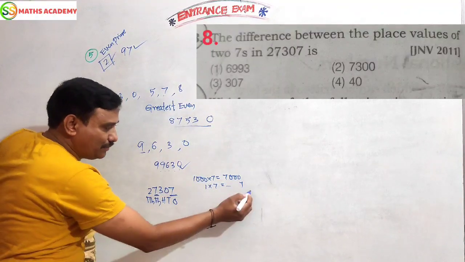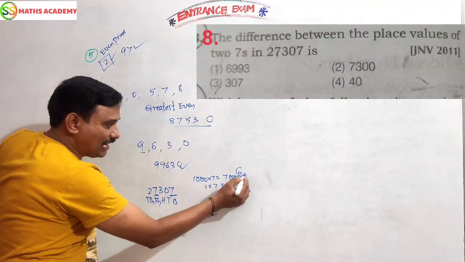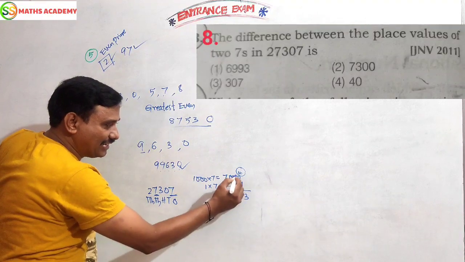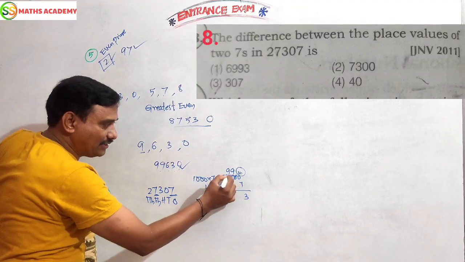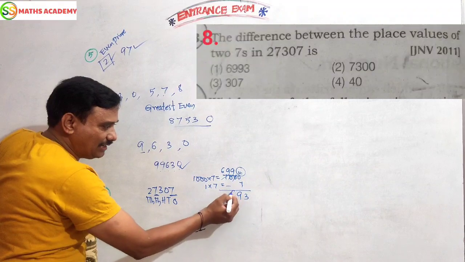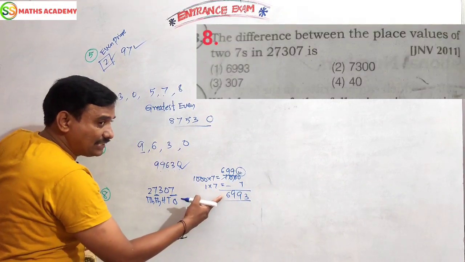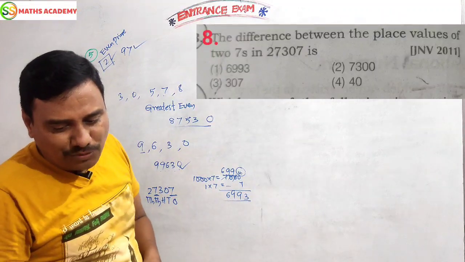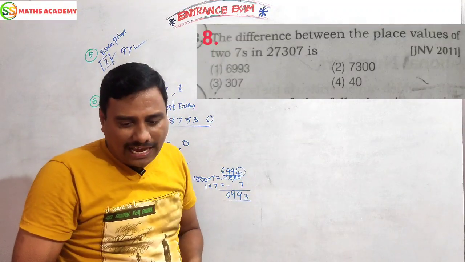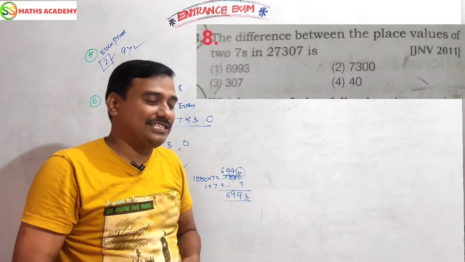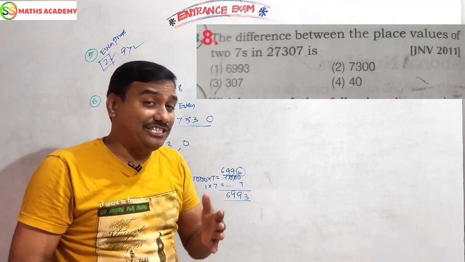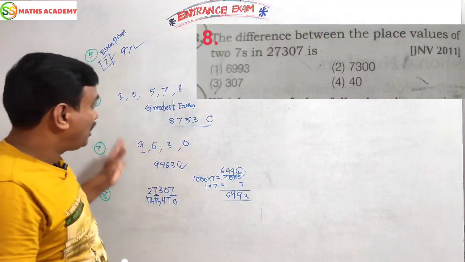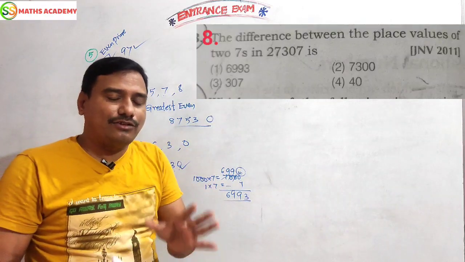Asking for the difference means subtract. Carry 10, 10 minus 7 is 3, it becomes 9, this is 6. 6,993 is the answer. So in your options, that should be the first option. See friends, these 8 questions, how easy they are to understand. In the way I am going to explain this technique, you keep it in your mind.